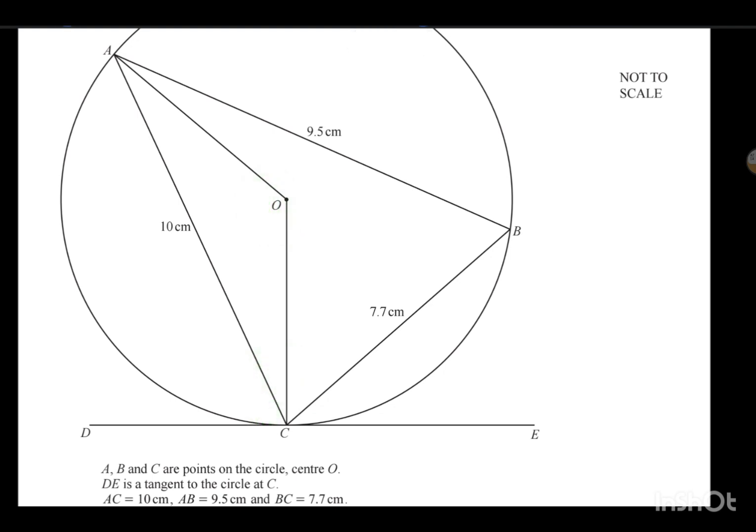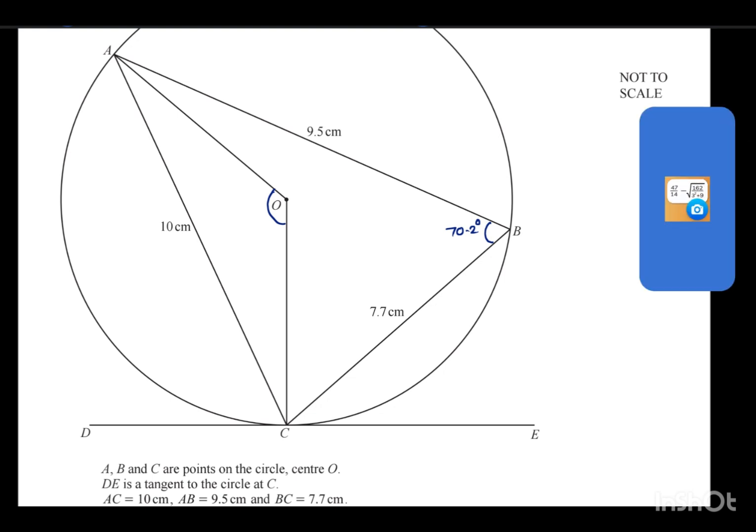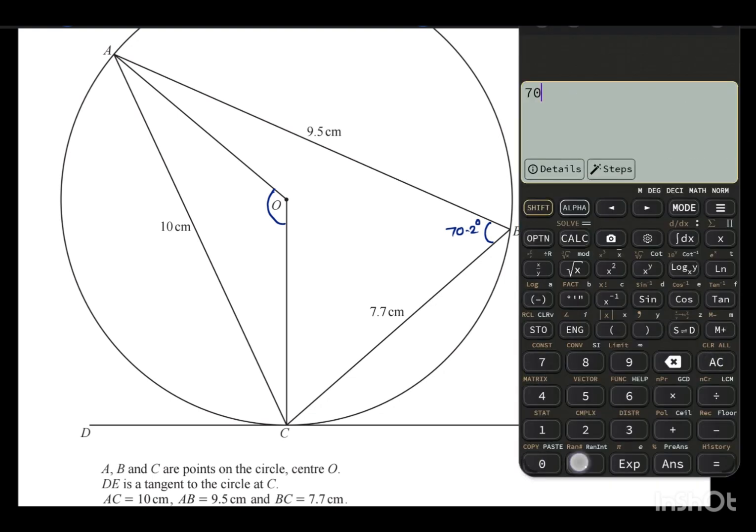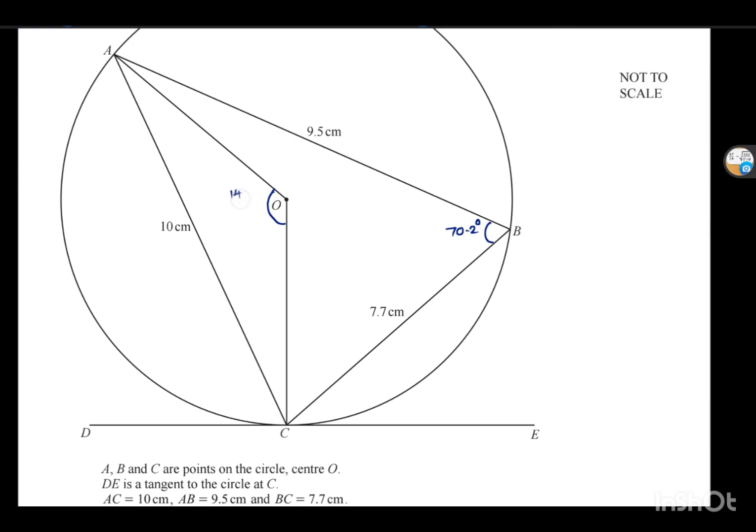To find this angle, you will use the circle theorem that the angle at the center is double the angle at the circle. You know this angle is 70.2 degrees, so when you double it, you get this. 70.2 into 2 is 140.4, so this angle is 140.4 degrees. Then angle ACO is this angle. For this, you have to take the triangle AOC, which is an isosceles triangle.